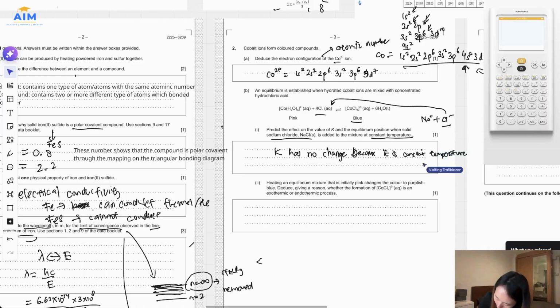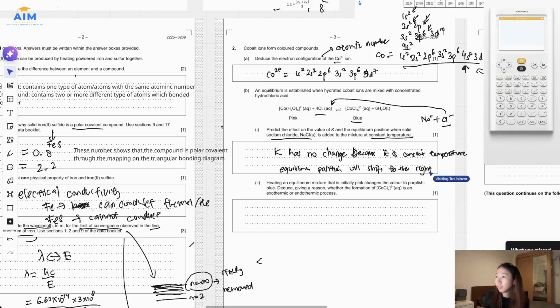So the equilibrium position will shift to the right.